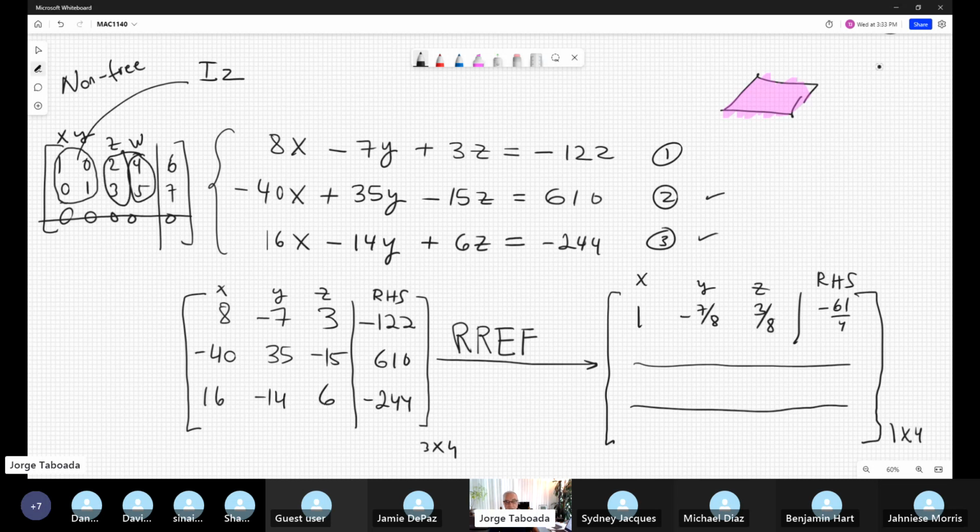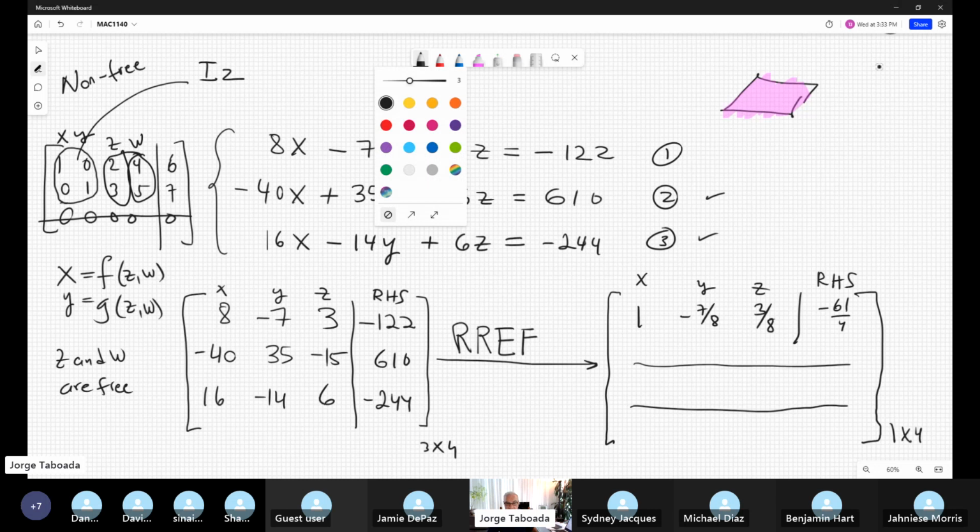Okay, so now, in order to express the solution, you express x and y, which are not free, as a function of z and w. Okay, by the way, z and w are free. And free means, remember, in this case we have no identity matrix of dimension 2.